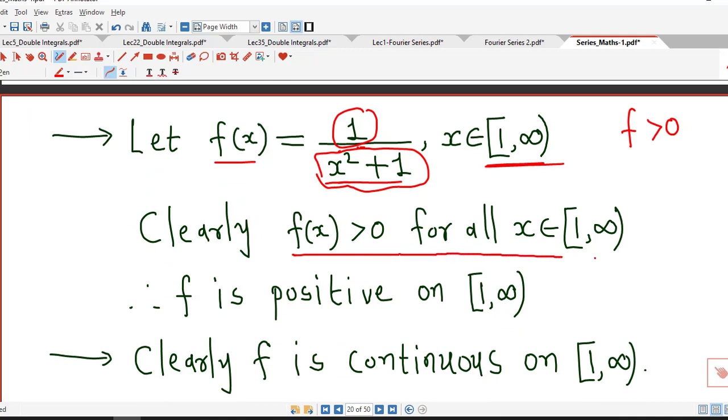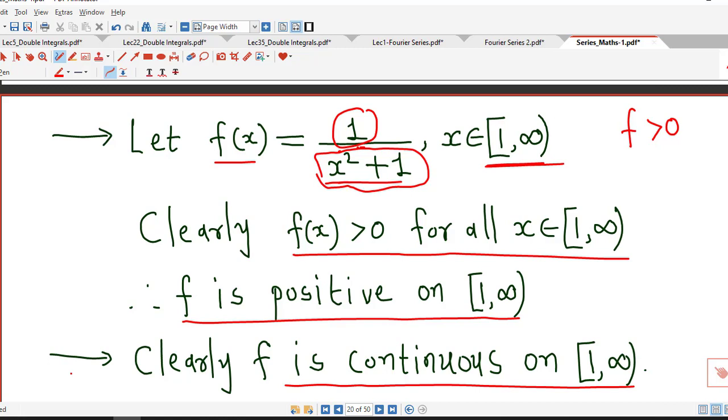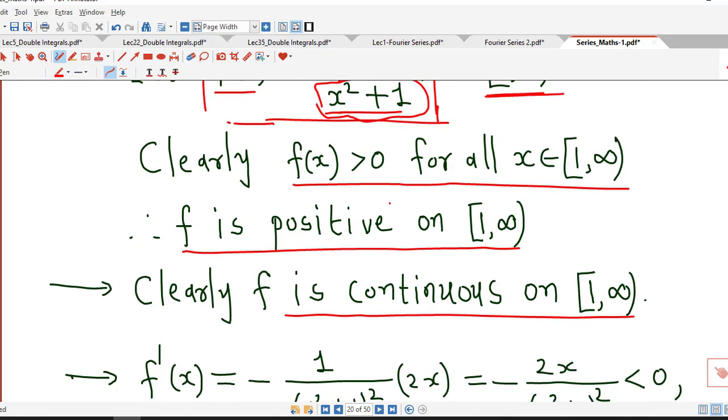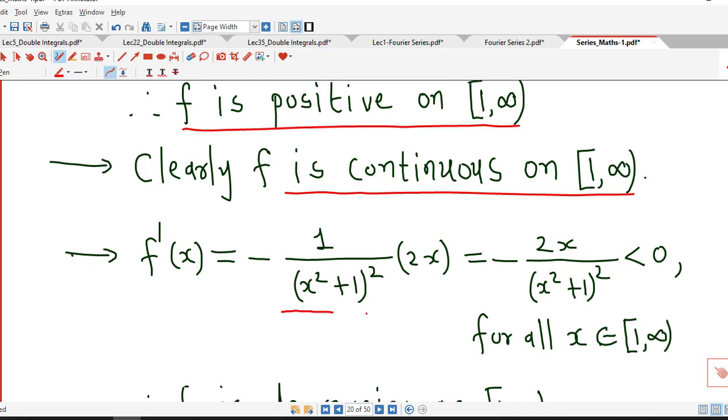Clearly f(x) is positive for all x in [1, infinity), therefore f is positive on [1, infinity). Again it is clear that f is continuous on [1, infinity). And from the formula of the function it is obvious that the function is decreasing, because if we increase the value of x, f(x) is going to decrease. Or we can check its derivative. The derivative of 1 over x squared plus 1 is minus 1 over (x squared plus 1) squared times the derivative of x squared plus 1.